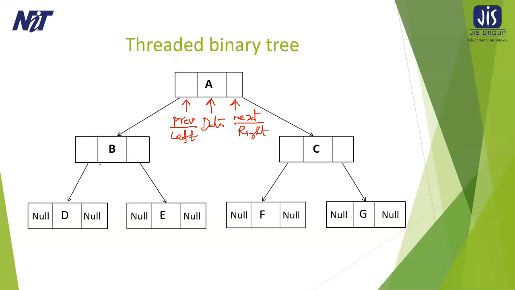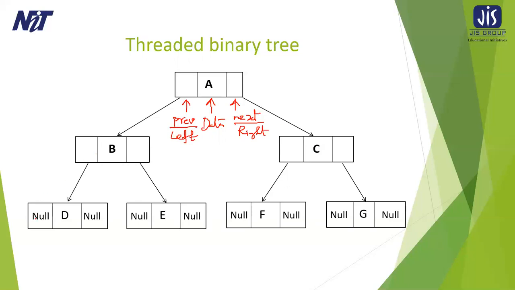So the left child of A is B. So the address of B will be stored over here, and the address of C will be stored in the right side, or the next part. So in this way, we can represent the binary tree with the help of a linked list. Now look at the tree very carefully.